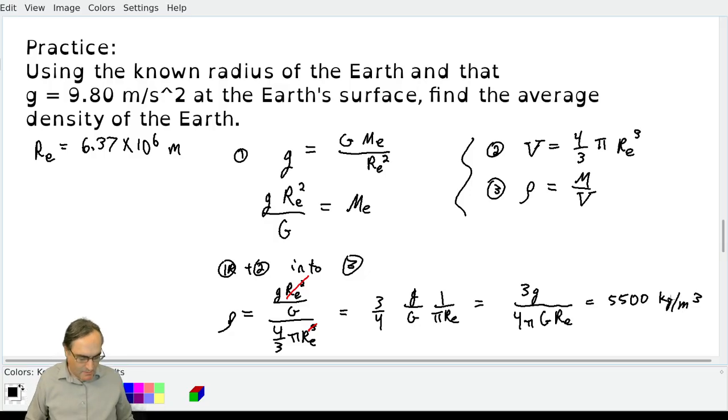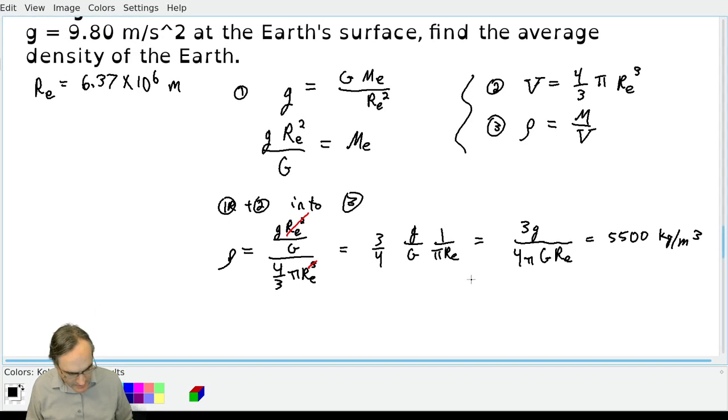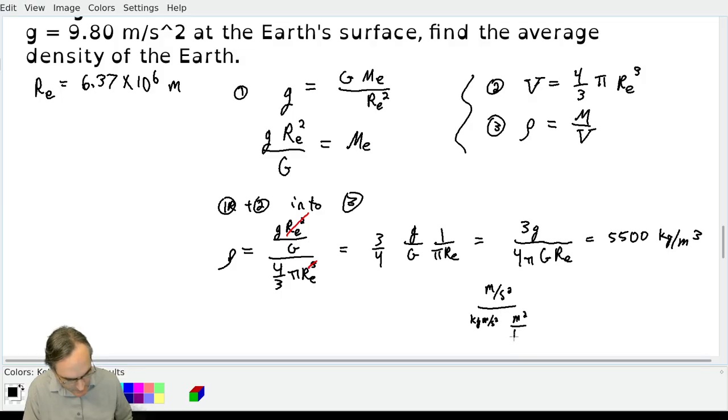Let's check the dimensions really quickly. So always a good idea. We have meter per second squared divided by, I'm going to actually take the big G and write it as a kilogram meter per second squared times meter squared per kilogram squared. Then radius of the Earth is a meter again. All right, so let's see. Cancellation.